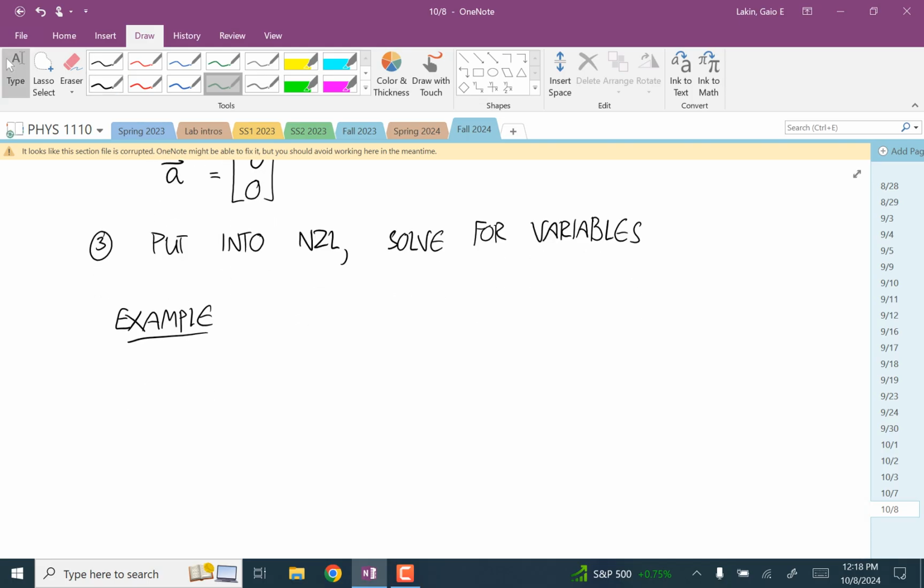So for the first one, let's say that there's a mass of 20 kilograms and it's attached to the ceiling by a cable. And then besides the weight of this object, we're also pulling down with an additional force of 40 newtons.